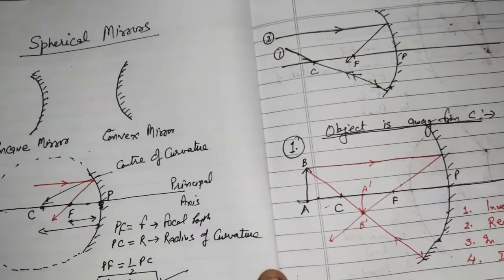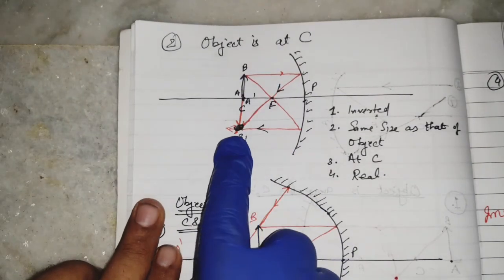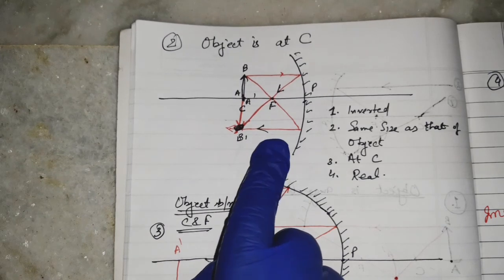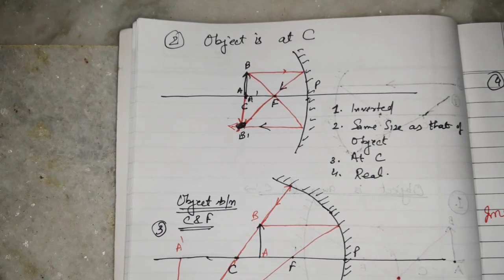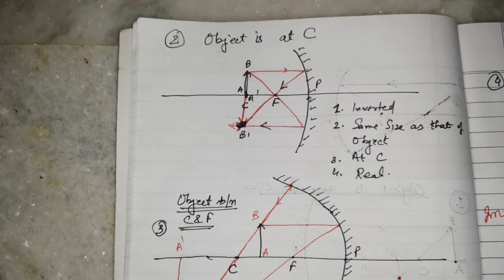And in the number 2 case, when the object is at C, the image is also formed at C. It is a very important concept. The board can ask, or the question can be asked in this way: at what position is the object placed when the image is of the same size?